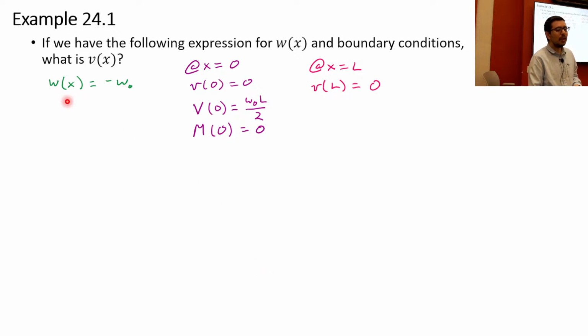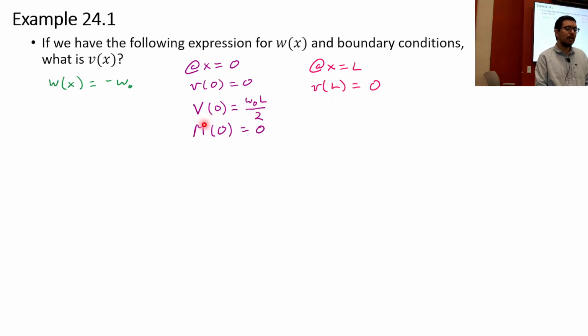Here we have an expression where the distributed force as a function of x is equal to minus w naught. This is a constant. Then we're going to give you some additional information. When x is equal to 0, the displacement is equal to 0. And when x is equal to L, some distance L, the displacement is also equal to 0.